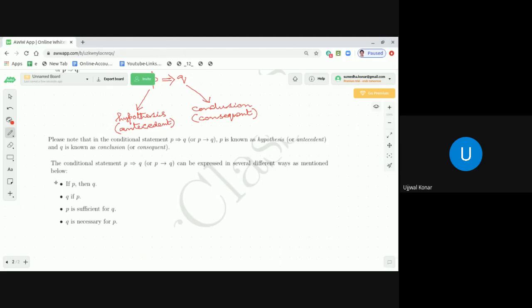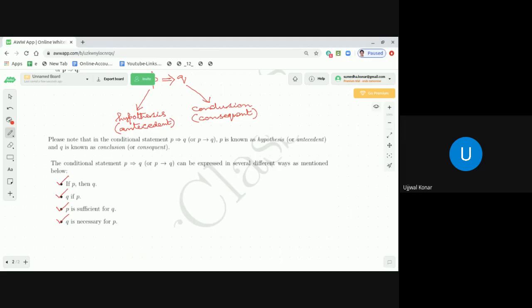First, we can say if P then Q, which we generally use in solving mathematical problems. Or Q if P. Third, P is sufficient for Q. And the fourth is Q is necessary for P. Dear students, whenever you work with programming languages, you will find that these kinds of statements are very meaningful.